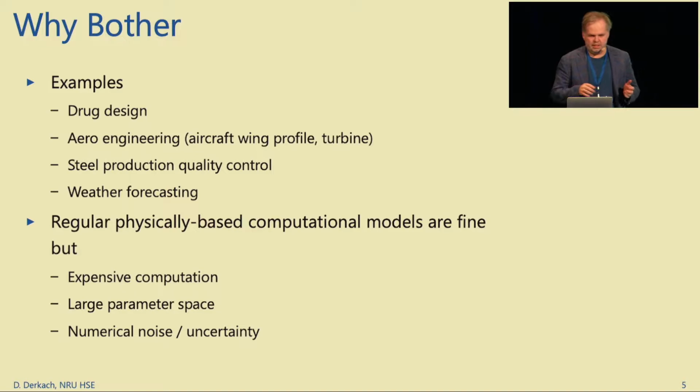And generally, if we are speaking about real systems, we speak about a large parameter space, which we need to explore. And for sure, we have some kind of numerical noise or uncertainty, which comes from the fact that we don't have a very precise description of the system.